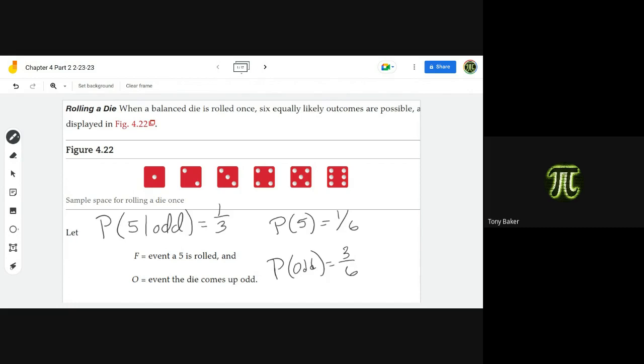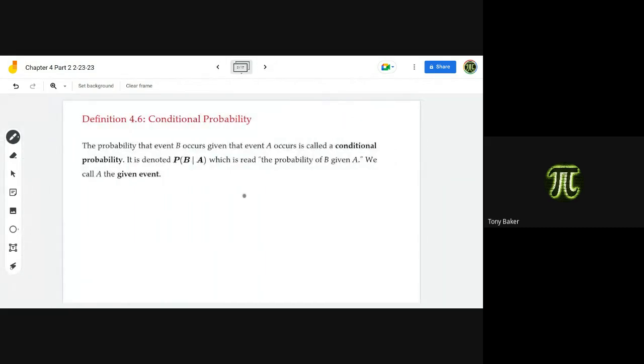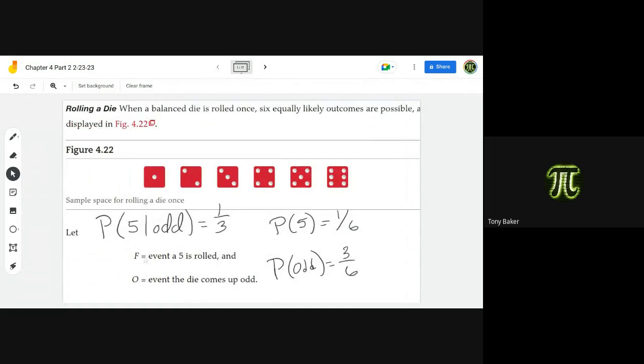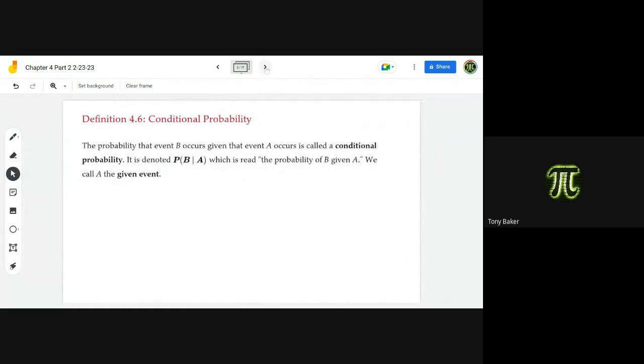That conditional probability is going to basically replace my bottom. So conditional probability is the probability that event B occurs given that A occurs already. It's denoted as, like I put here, with that line in between it. That's probability of B given A.